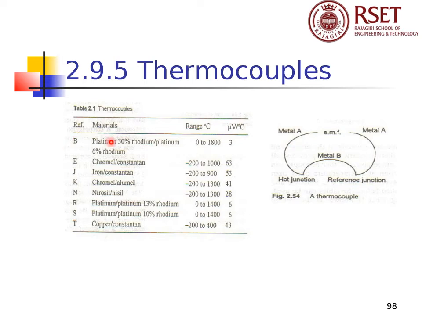With these two materials, the thermocouple has a maximum measurement range of 0 to 1800. You have to compare: molten steel or cast temperature runs around 800 to 900 degrees, so almost double that temperature can be measured with this type of thermocouple.